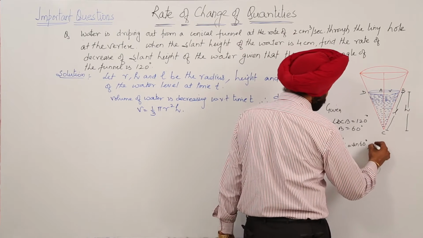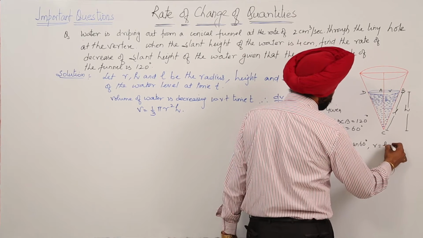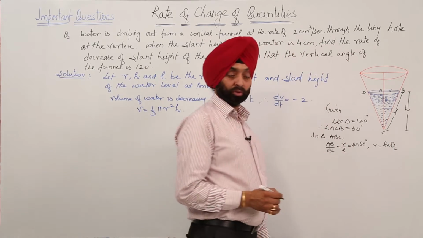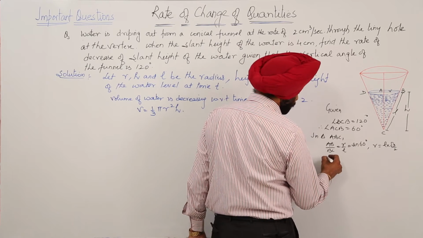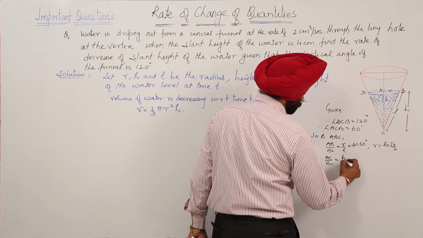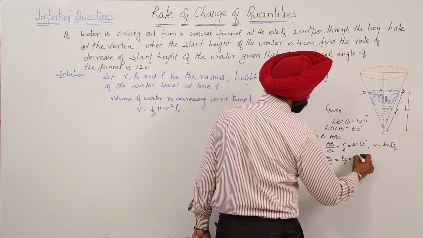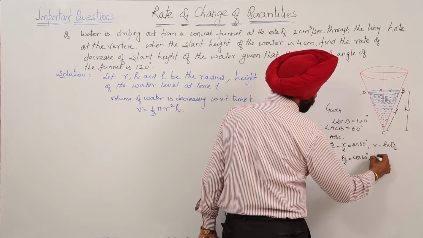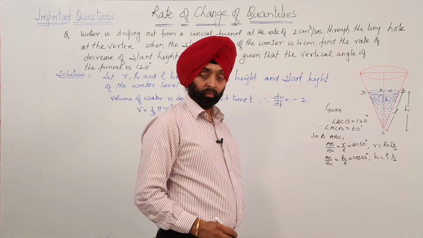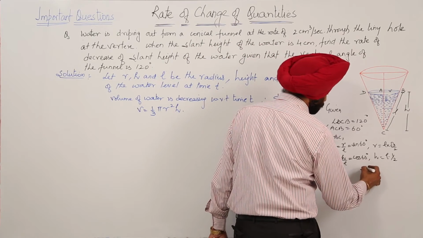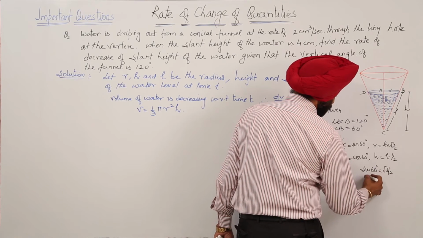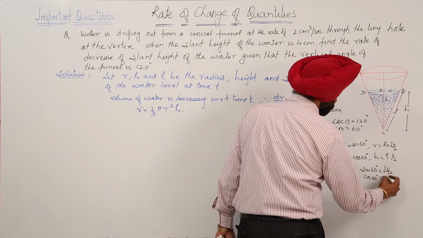Okay, R is equal to L with root 3 by 2. Sine 60 degree is root 3 by 2. Now AC upon BC is equal to H upon L is equal to cos 60 degree, and H is equal to L with 1 upon 2. Okay, sine 60 degree is root 3 by 2 and cos 60 degree is equal to 1 by 2.